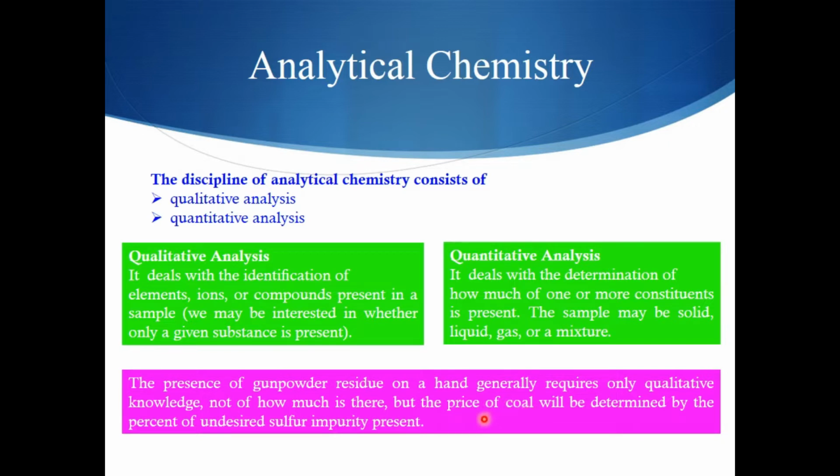So in this case we are interested not only in qualitative but also in quantitative analysis. First we have to determine that sulfur is present. This is an aspect of qualitative analysis, and secondly we have to determine how much percent of sulfur impurity is there. This is quantitative analysis.